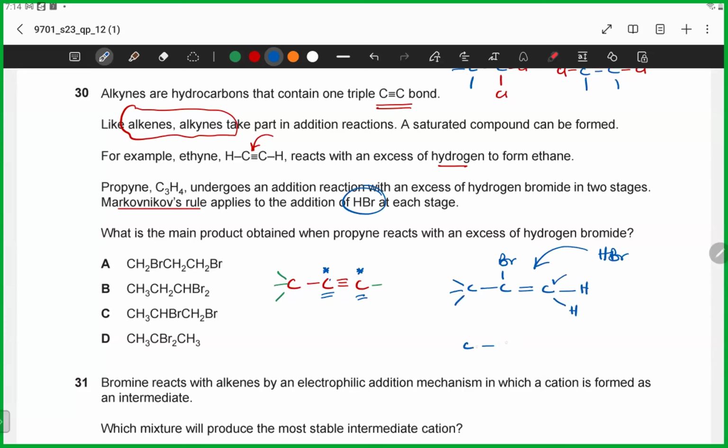Is that clear? Yes, sir. तो वो H ने फिर से another H gets bonded, और Br यहाँ पे पहले एक था, now there are going to be two Brs, right? तो CH3 CBr2 CH3, right? So it's going to be D. So is this clear? Yes, sir. Clear है?